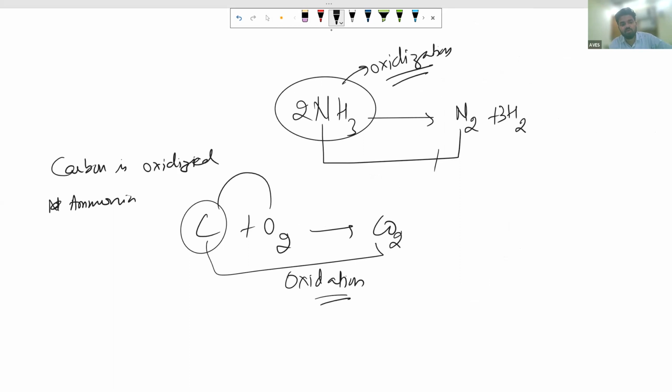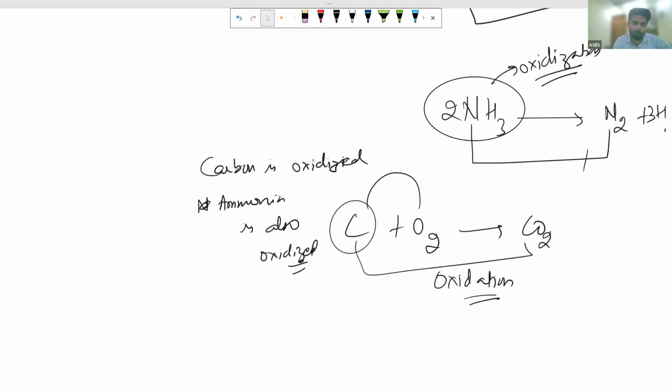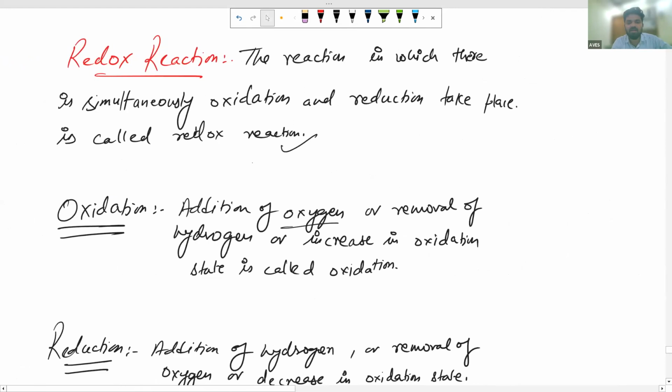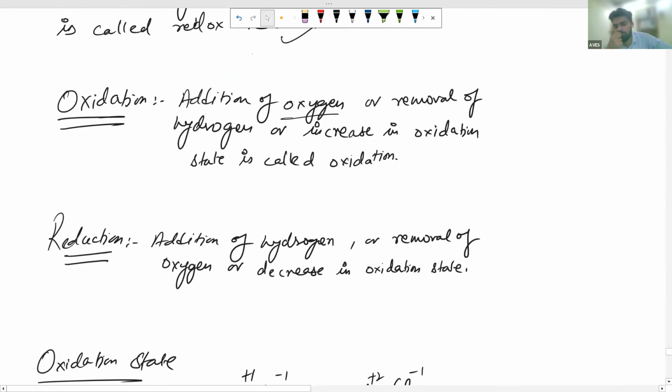Got it? Yes, sir. Next, similarly, reduction. Note the reduction.